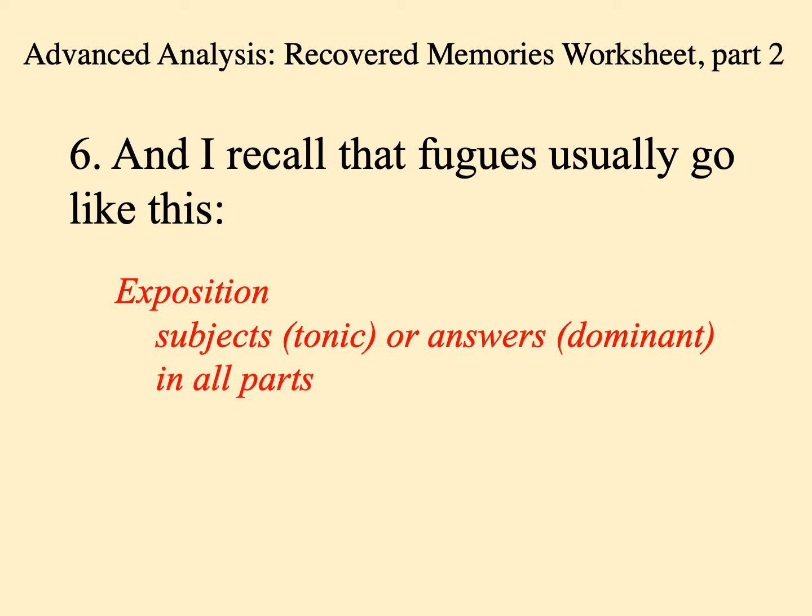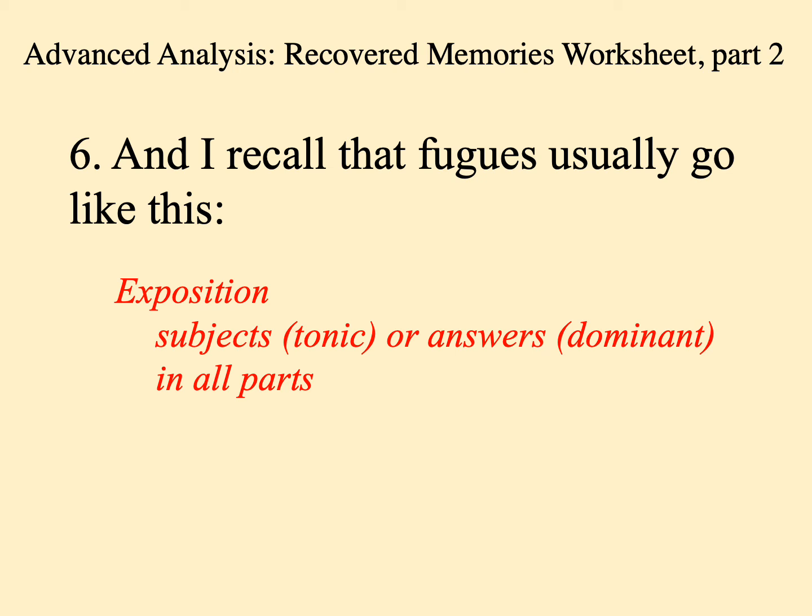So if you're writing a 3-voice fugue, the exposition probably ends when all 3 voices have had a turn to state either the subject or the answer. A 4-voice fugue might go subject, answer, and all 4 voices get a turn. Or it might go subject, answer, answer, subject, or subject, answer, subject, subject, or whatever. There's no hard, fast rule about it.